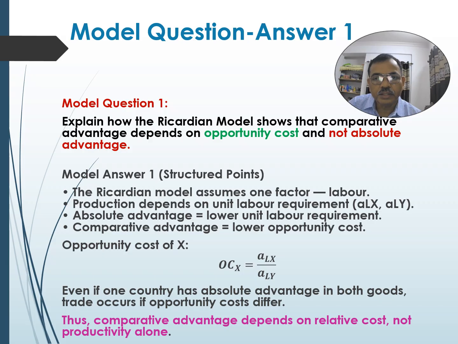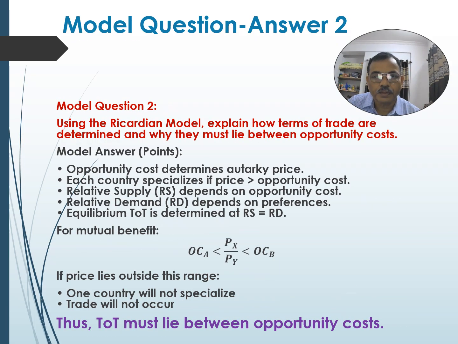Let us now consider a slightly more analytical question. This question asks, using the Ricardian model, explain how terms of trade are determined and why they must lie between opportunity costs.